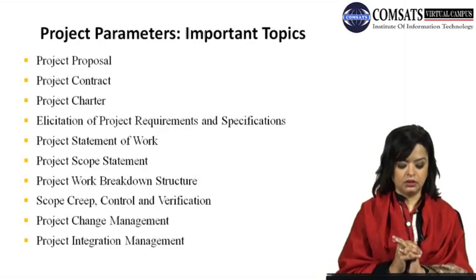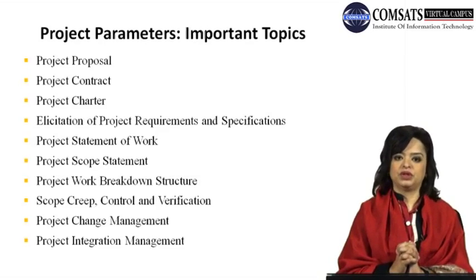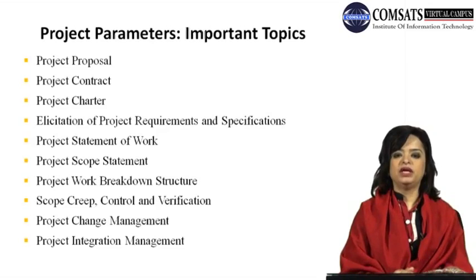So all these statements, from proposal to the scope statement, are happening within the initiation phase of the project. Project work breakdown structure is a breakdown or listing of all the activities at that point in time as understood by the project manager or the project team.